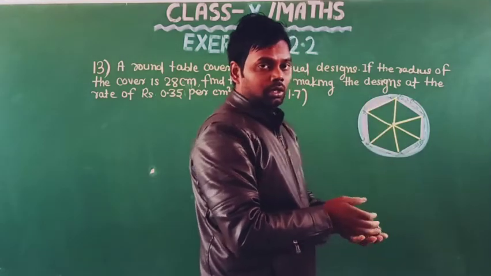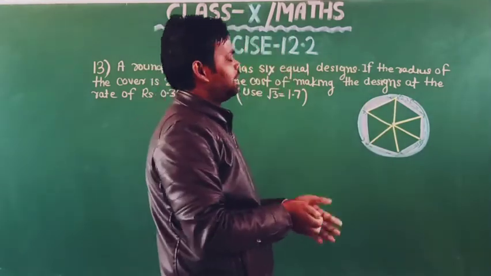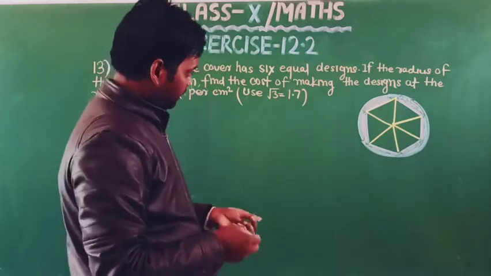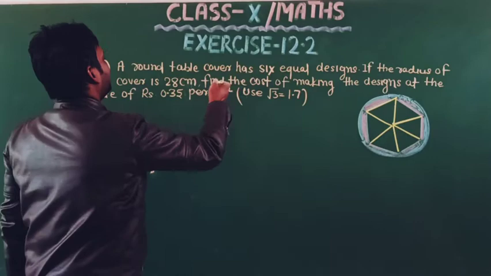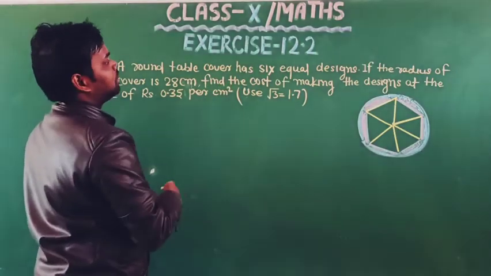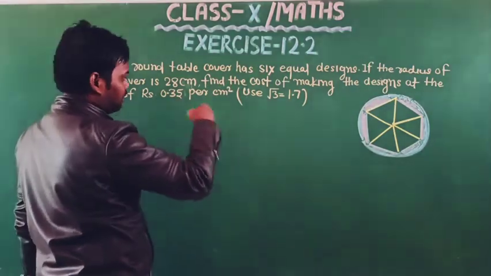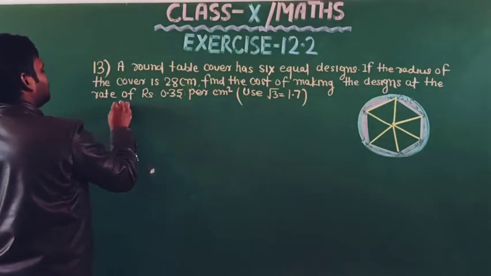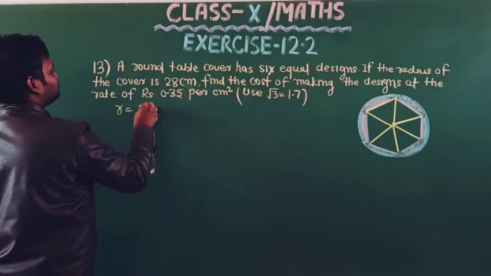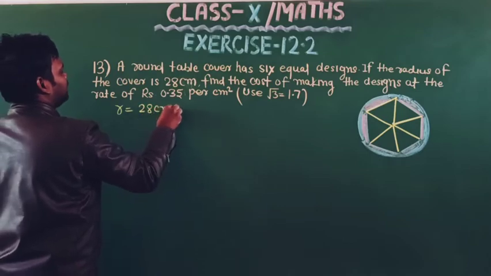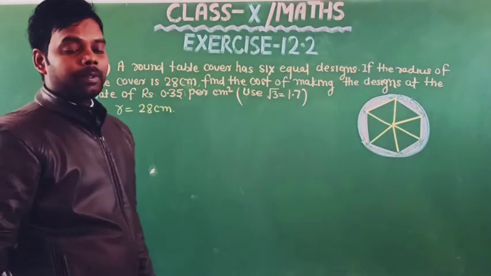So we will get the total required area of the segments. Here the radius of the cover is given to us. Radius r is equal to 28 centimeter.